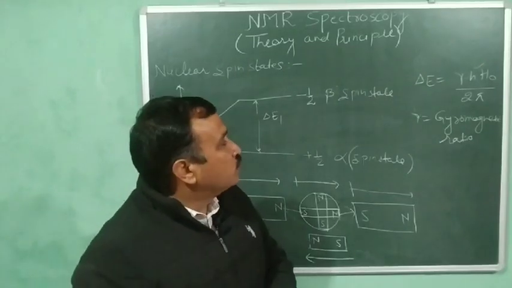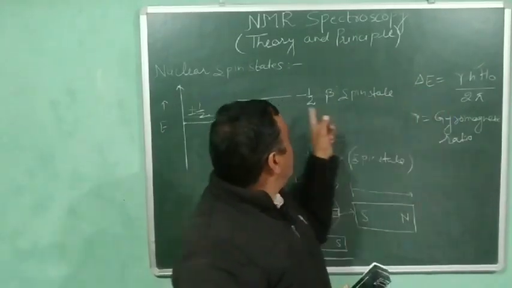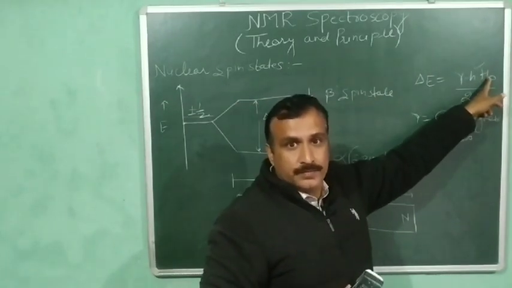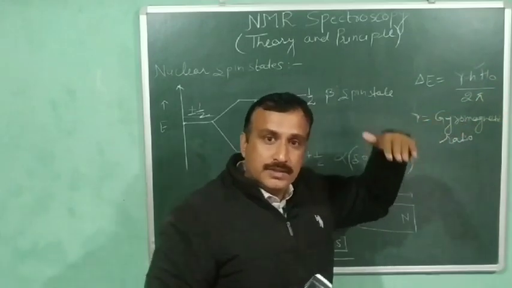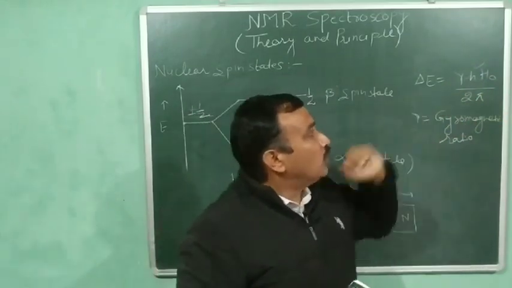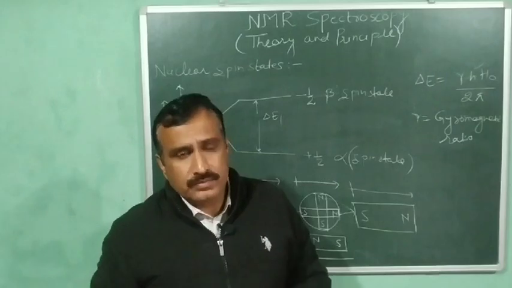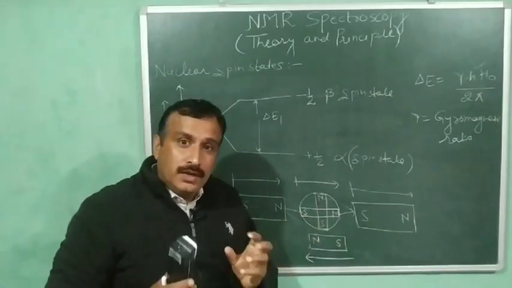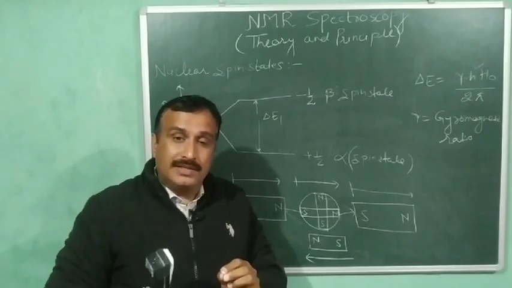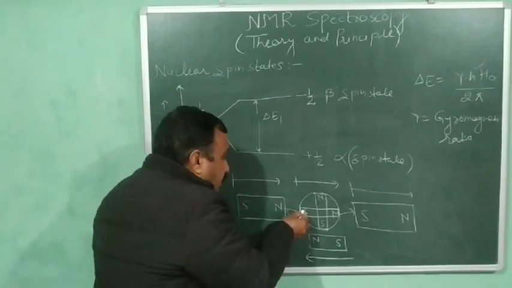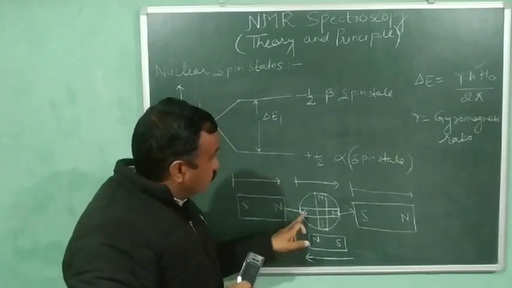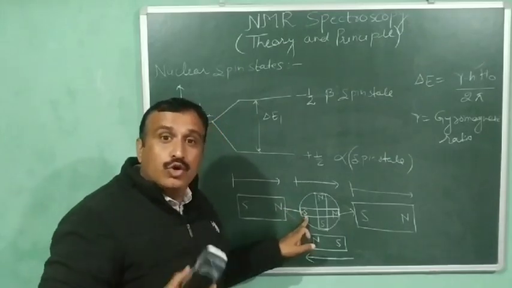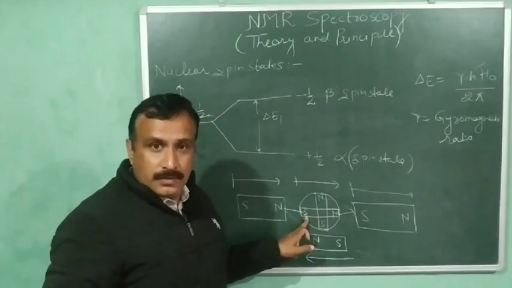So you can see from this formula that the energy difference between these two states is directly proportional to the strength of the external magnetic field. The energy difference will increase as the strength of the external magnetic field increases. We can also explain it here, because as the strength of the external magnetic field is increased, the attraction between the south pole and north pole of the external magnet and the proton magnet will increase.